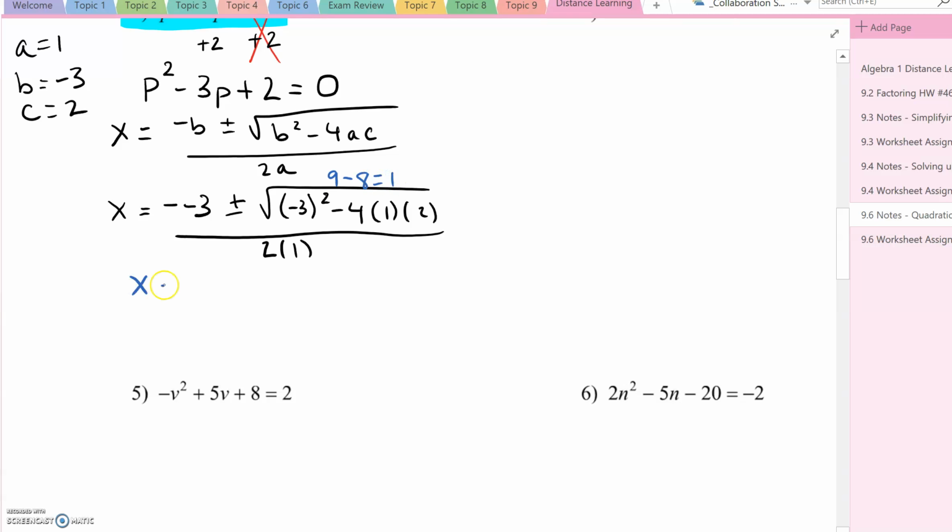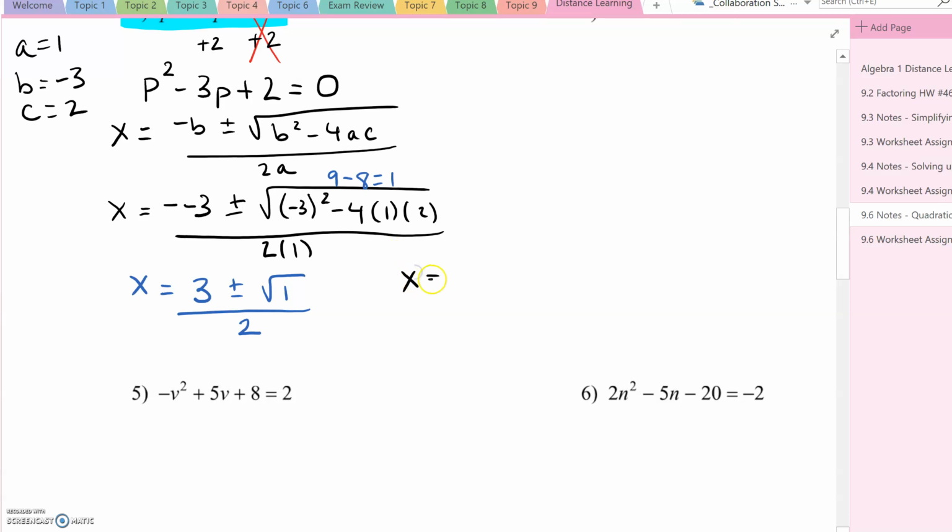So we have x equals minus a negative just becomes a positive 3 plus or minus the square root of 1 all over 2 times 1, which is just 2. I know it looks really complicated at the beginning, but once you're simplifying, it starts looking more manageable. Okay, what is the square root of 1? What multiplies by itself to get us 1? Just 1, right? So this is going to break into 2 separate answers.